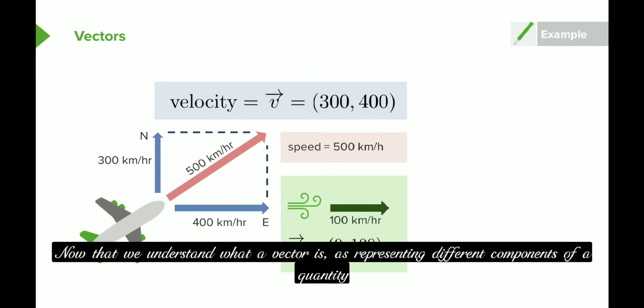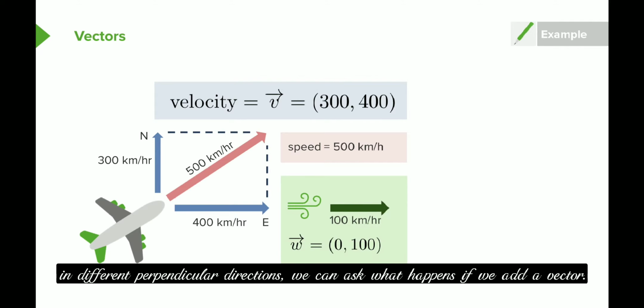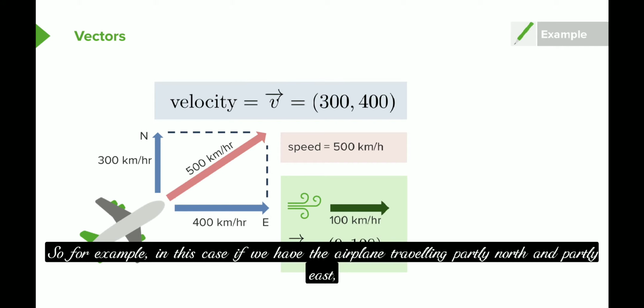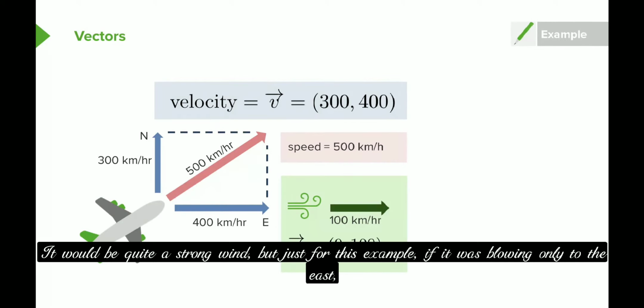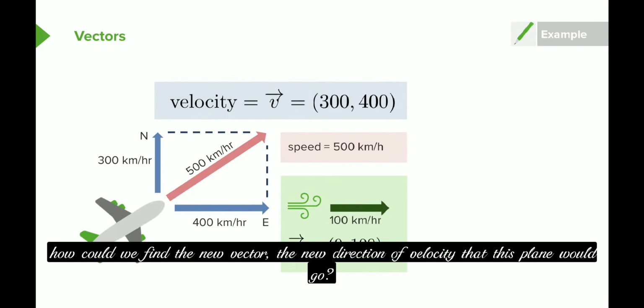Now that we understand what a vector is as representing different components of a quantity in different perpendicular directions, we can ask what happens if we add a vector. So for example, in this case, if we have the airplane traveling partly north and partly east, what if we introduced a wind blowing to the east at 100 kilometers per hour, which would be quite a strong wind, but just for this example, if it was blowing only to the east, how could we find the new vector, the new direction, the velocity that this plane would go?